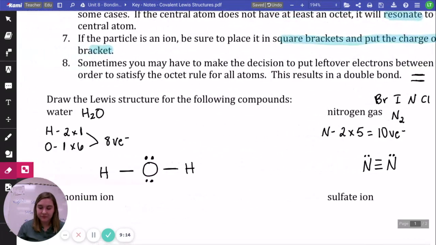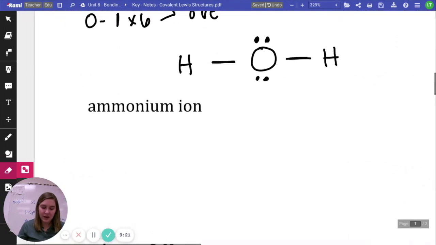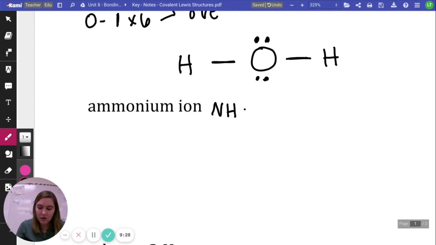Okay, let's try ammonium. So ammonium is one of your polyatomic ions, and ammonium is NH4 with a positive 1 charge. Okay, step 1, determine your number of valence electrons. So in ammonium, I have nitrogen and hydrogen.